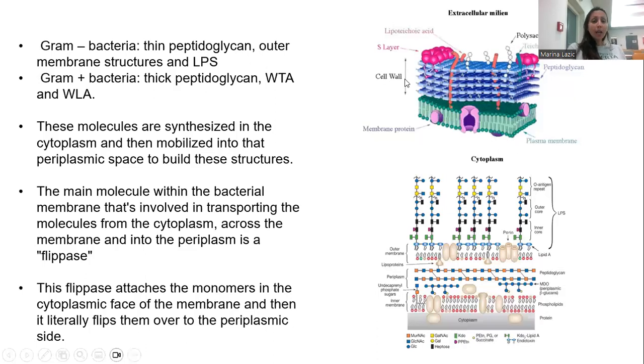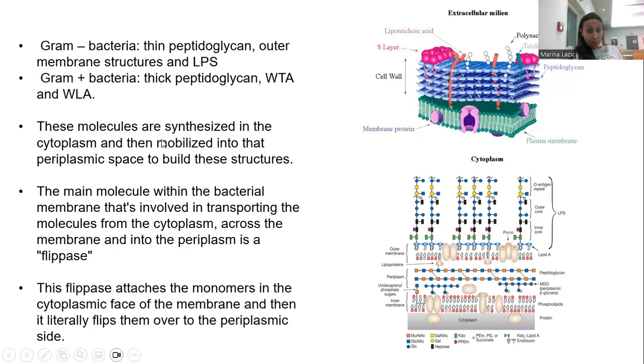Now, in gram-negative bacteria, we will start with them. There is that very thin peptidoglycan layer that is in between two membranes, as shown here in the picture. So it's pretty much in between the outer and inner membrane. Then you will have this outer membrane structure that is characteristic of gram-negative bacteria, and you will have this lipopolysaccharide, which is labeled here. This structure here is called LPS.